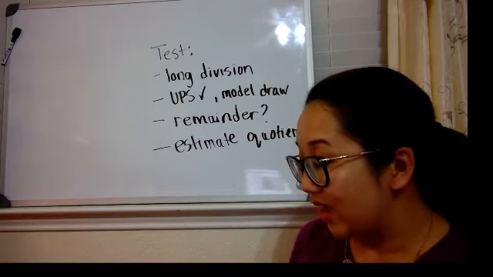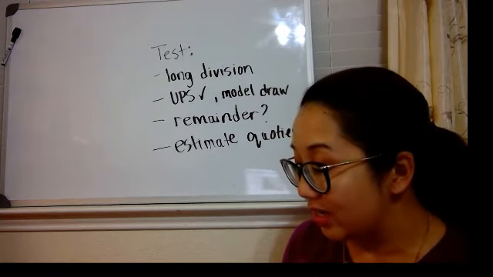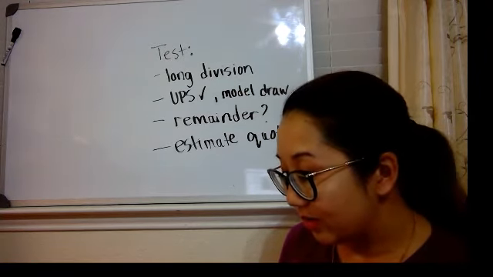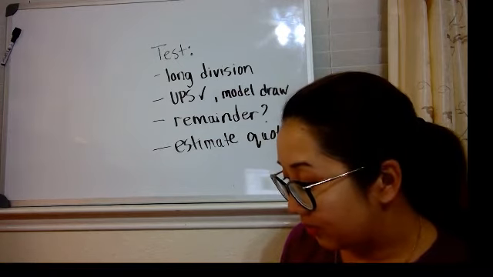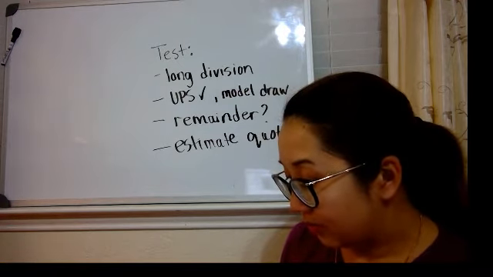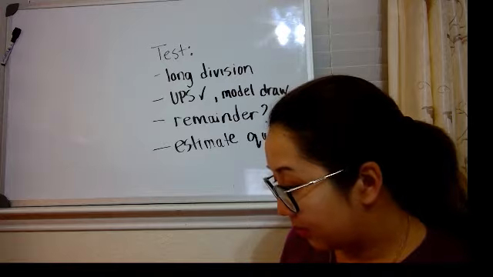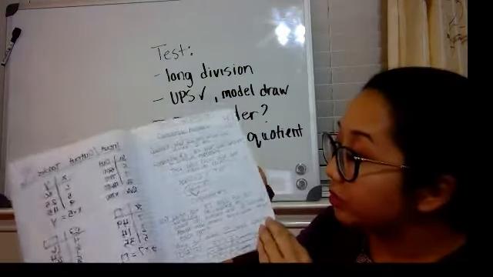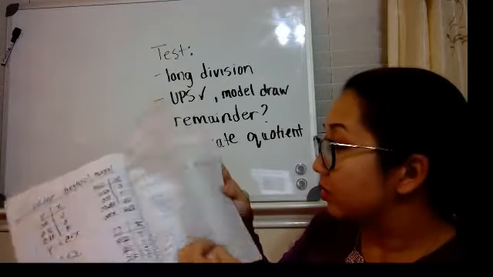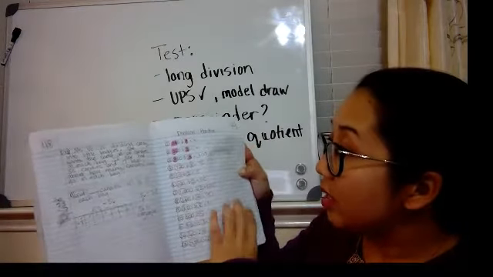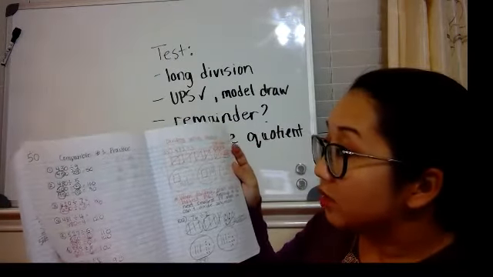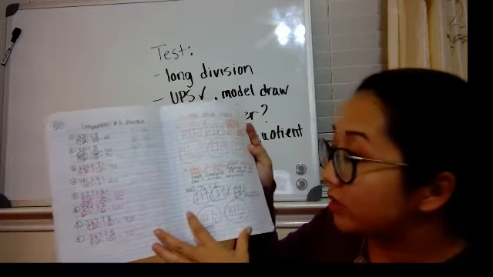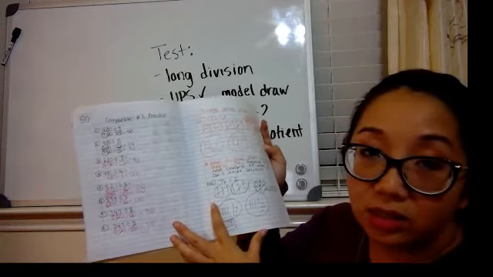That was at the very beginning of our unit, when we were talking about compatible numbers. Okay. Compatible numbers help us to estimate quotients.